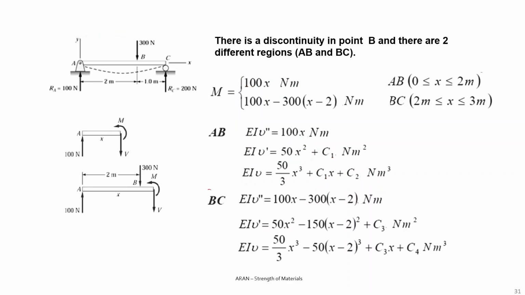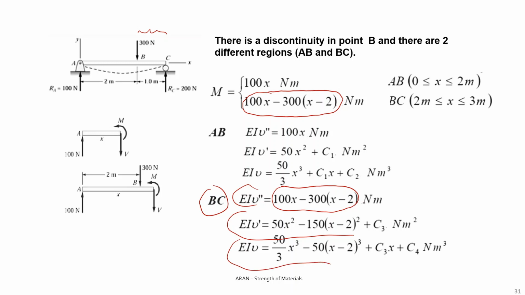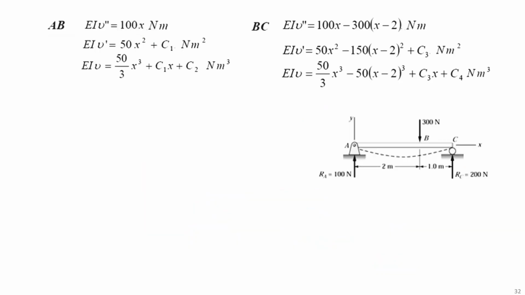Doing the same for BC on the second segment, the M function is given as 100x minus 300(x minus 2), double integration, and we have additional integration constants. So we have 4 integration constants. So we have to use the boundary conditions. These are my equations and my integration constants.